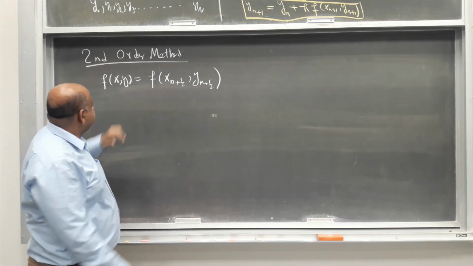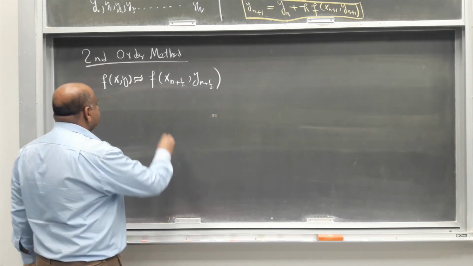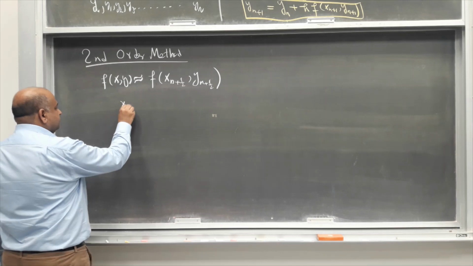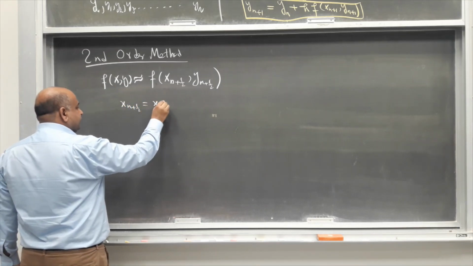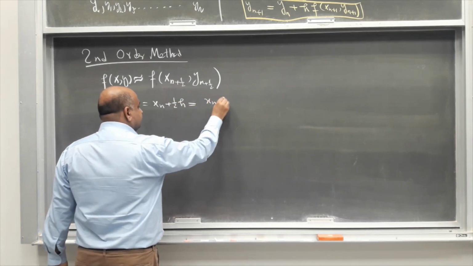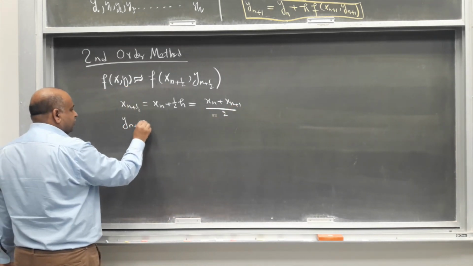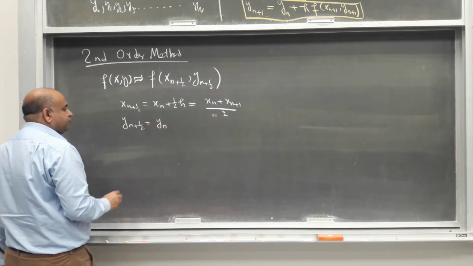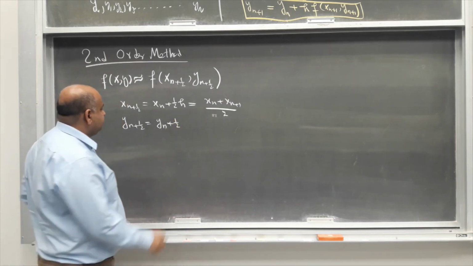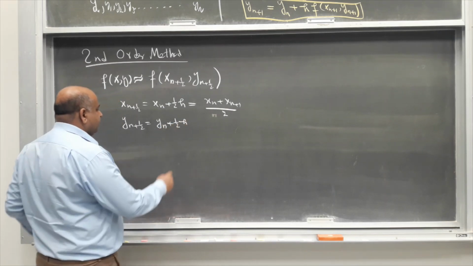So here I am approximating this function at the central point between x_n and x_{n+1}. This x_{n+1/2} is essentially x_n plus half h, and this y_{n+1/2} is y_n plus half h.